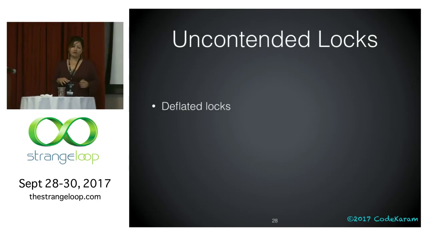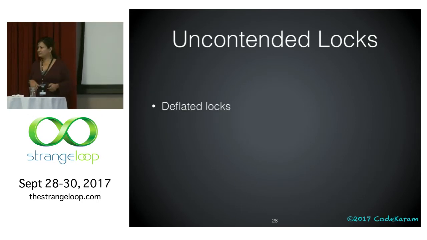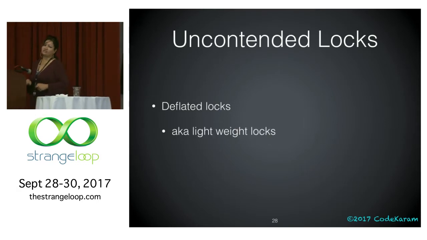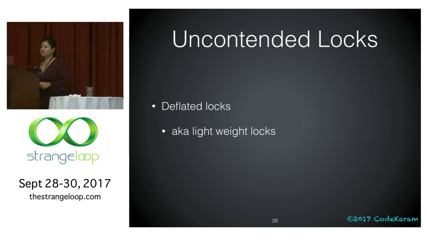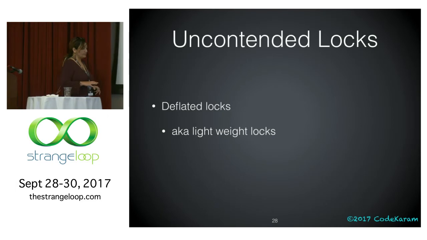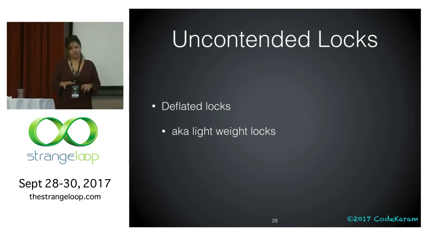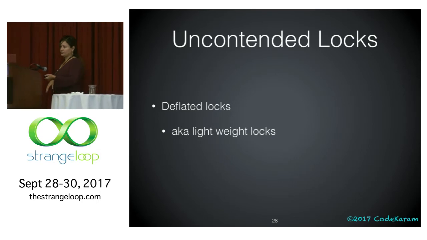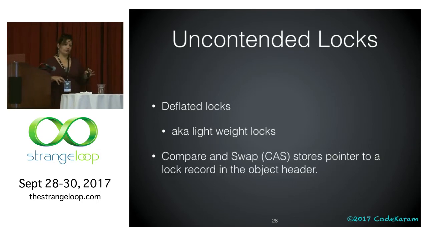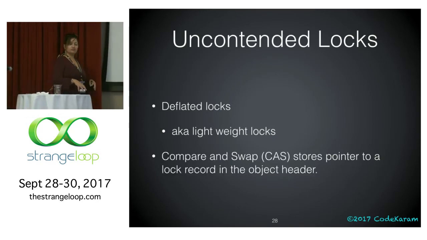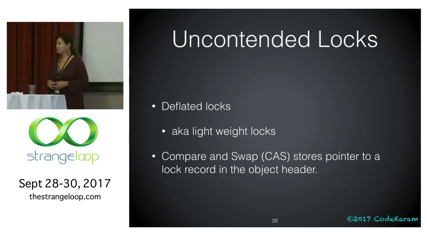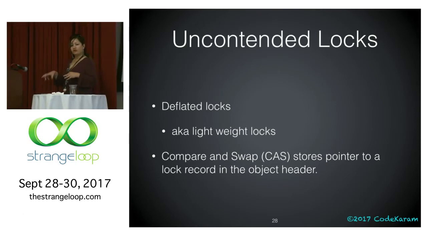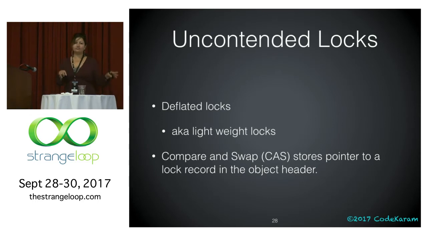Uncontended locks are also called deflated locks, also known as lightweight locks. In its simplest form, the lightweight lock only does a compare and swap instruction, called the CAS instruction, at your hardware level. It executes this instruction to store a pointer to the lock record in your object header.